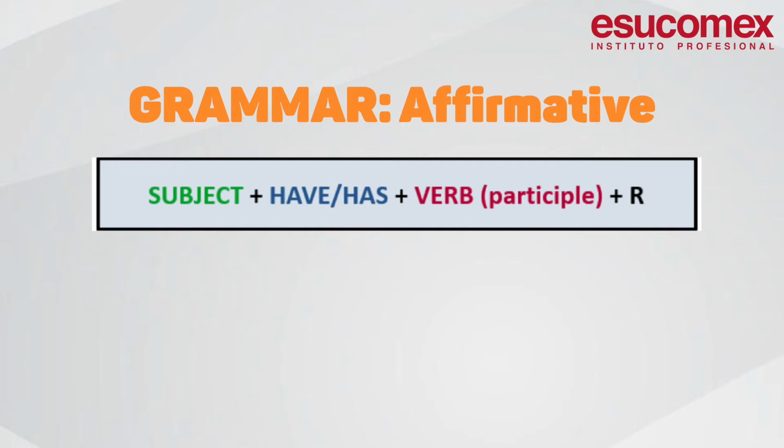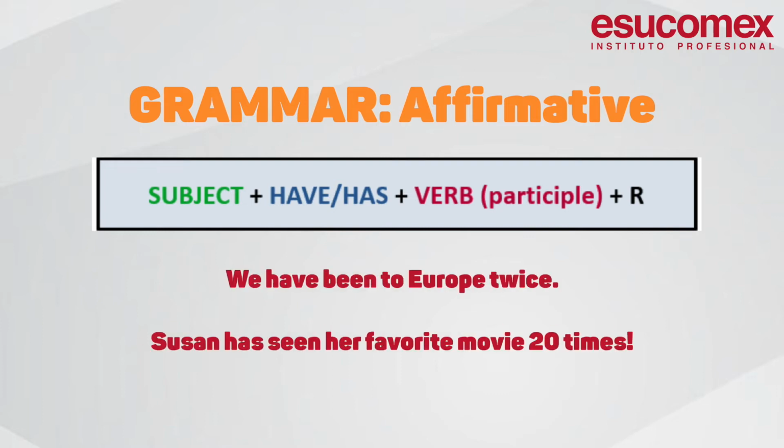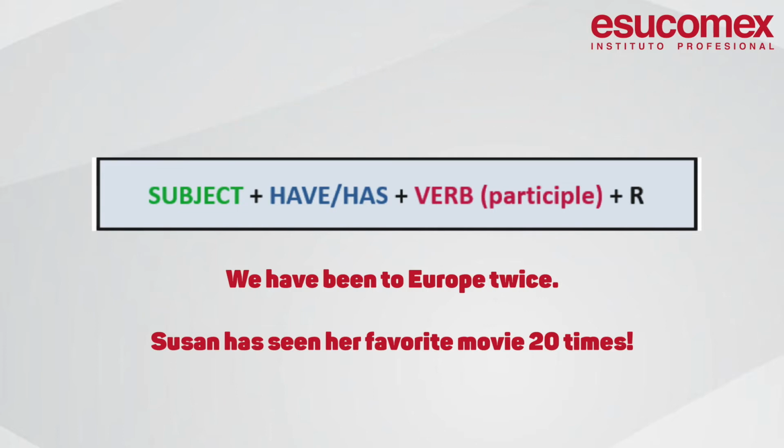Remember that subjects I, you, we, they go with have, and subjects he, she, it go with has. In the example, "We have been to Europe twice," the subject is we, followed by have, the participle of the verb be, been, and the rest of the sentence.